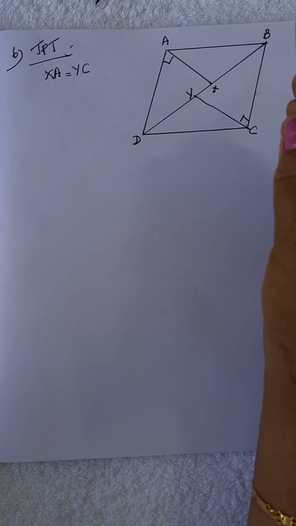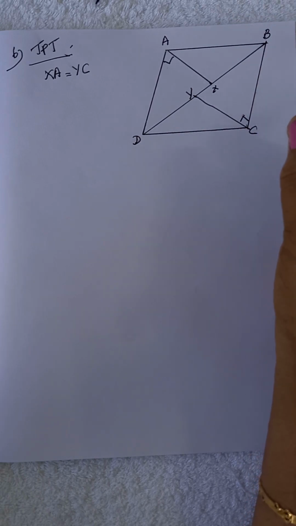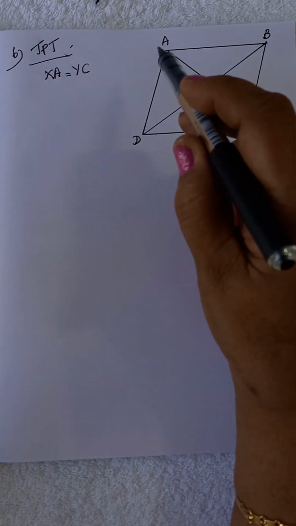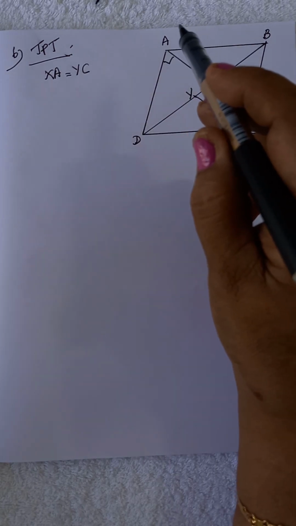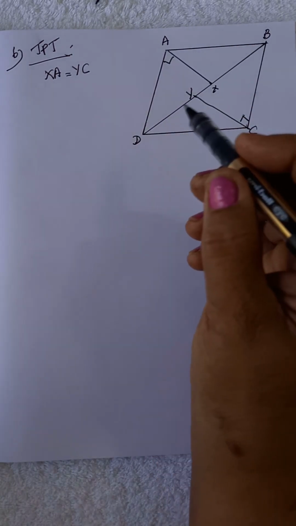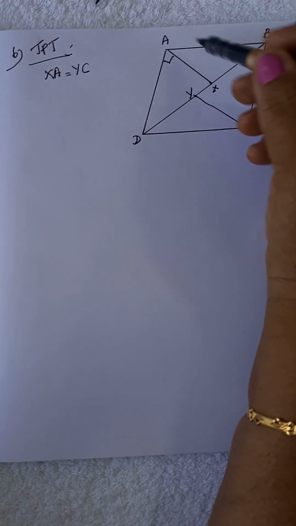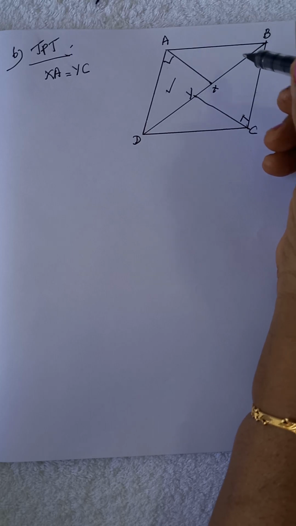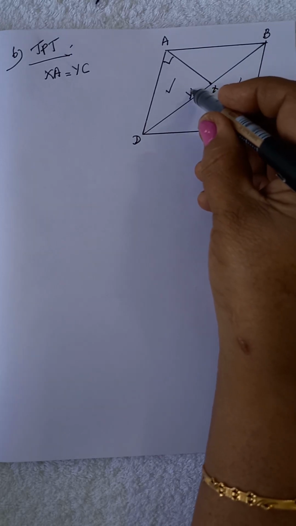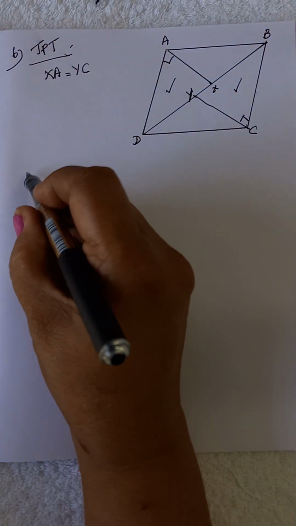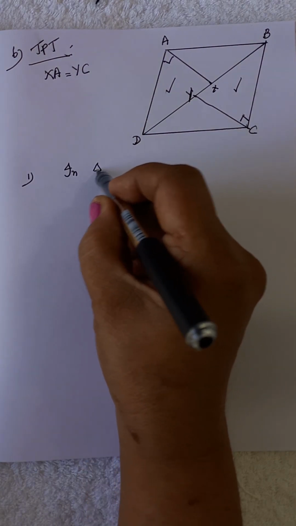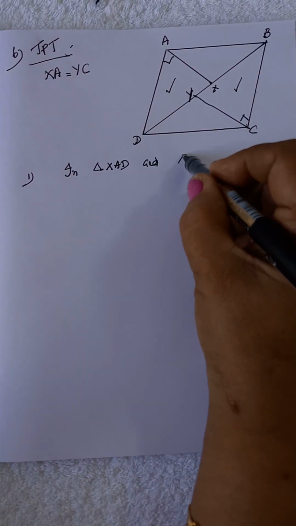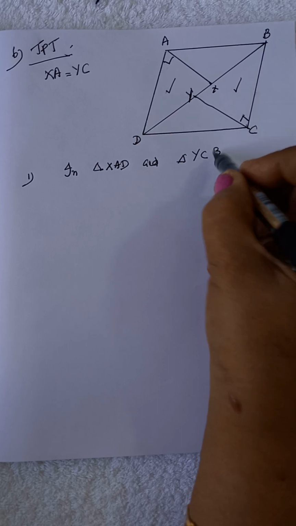Then their corresponding parts will be equal. That we have to prove. So let us take two triangles, say XAD, this triangle, and YCB, this triangle.